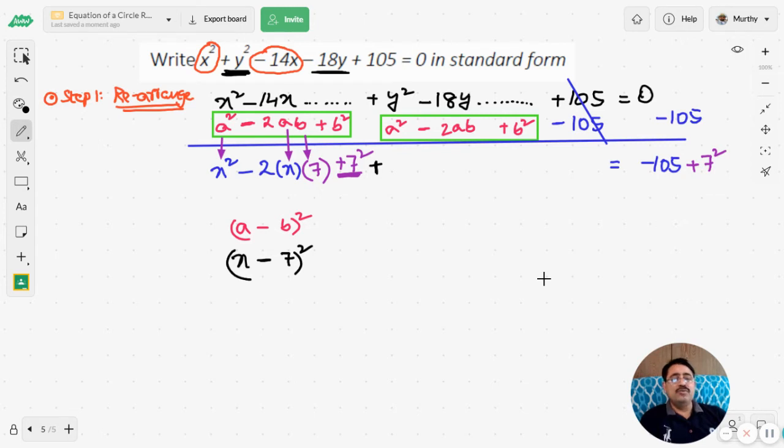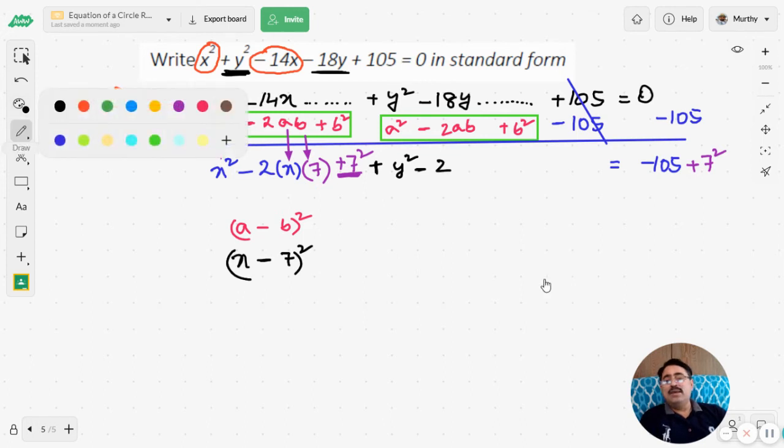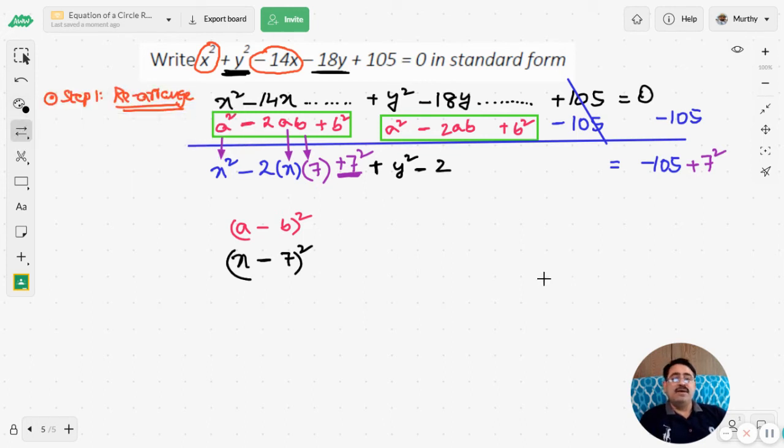Now coming to the second part. A square, so this is going to be y square minus 2 times. Again, please compare, a square is y square. I see 2 is copied. What to copy in the place of a?